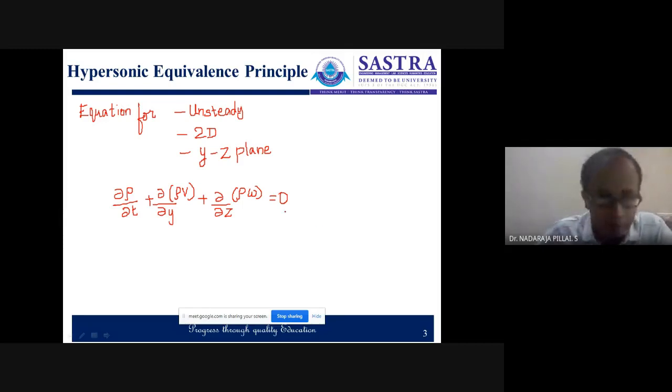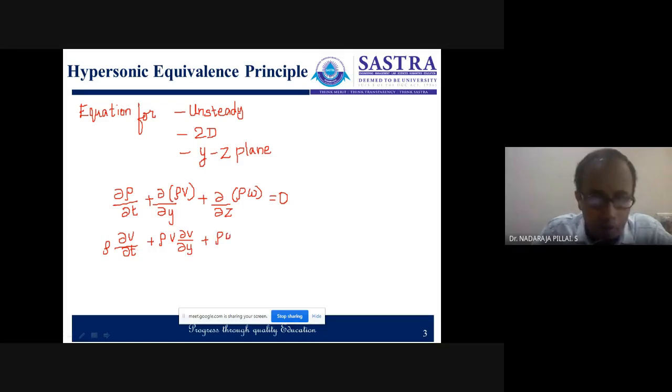So this is the first equation we have written, and then let us write the x momentum equation. But we don't have an x momentum equation since we consider the YZ plane. So let us go for the y momentum equation: rho into dou v by dou t plus rho v into dou v by dou y. Please remember this dou t term we add because we consider the unsteadiness, right? Then rho w into dou v by dou z, that is equal to minus dou p by dou y.